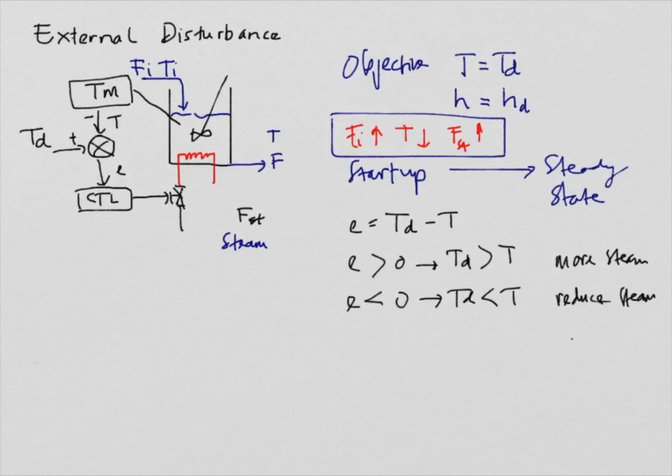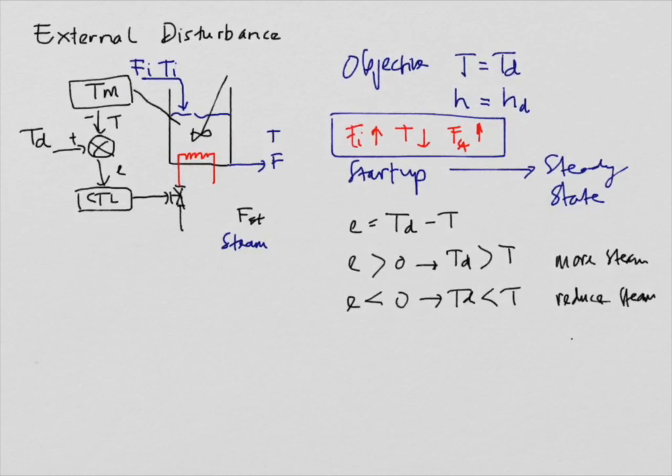So this is the illustration of how the controller acts to maintain our variable, for example the temperature output of the liquid, to maintain the system at the steady state condition.